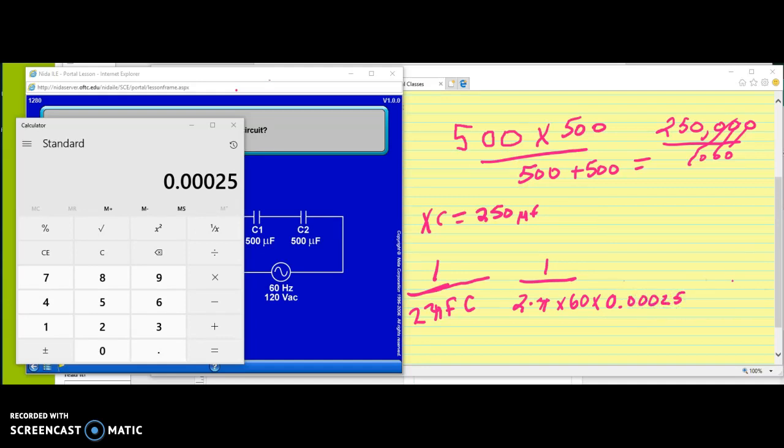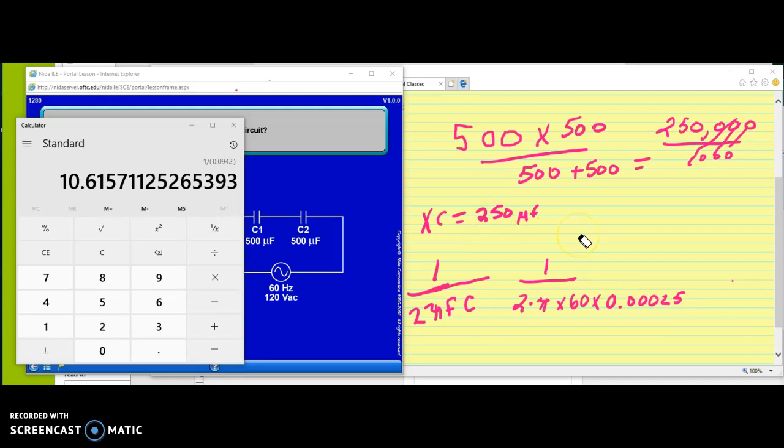So let's run that calculation, and this will be our impedance, X of C. So 2 times 3.14 times 60 times 0.00025 equals, reciprocate that, and we get X of C. Let's write that down so we don't lose it.